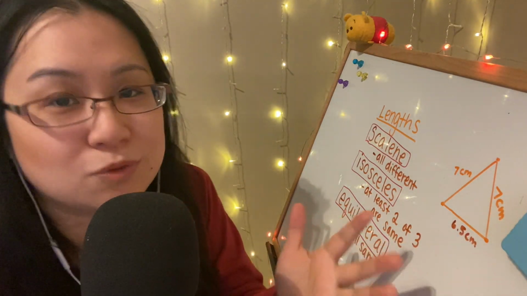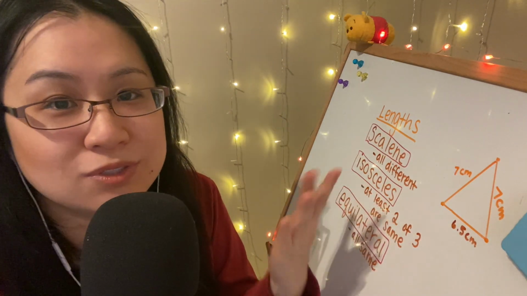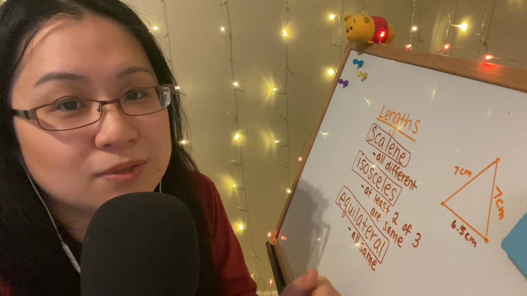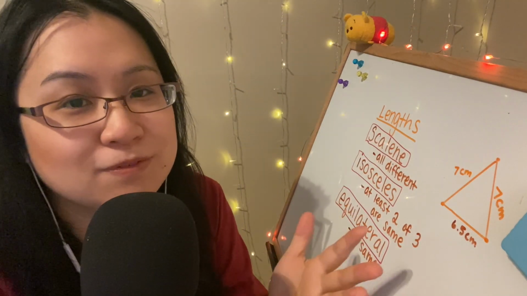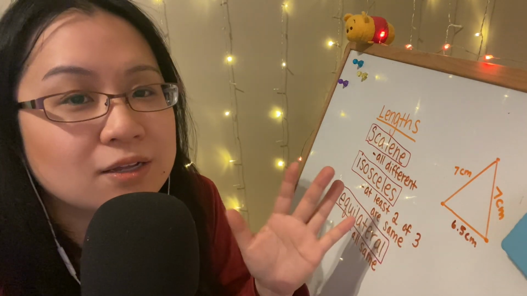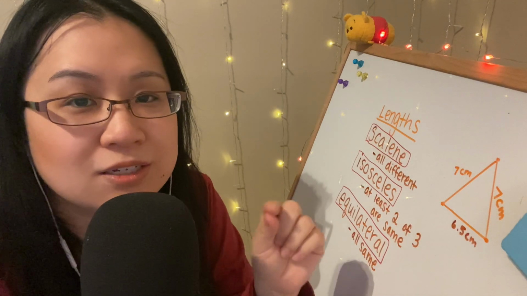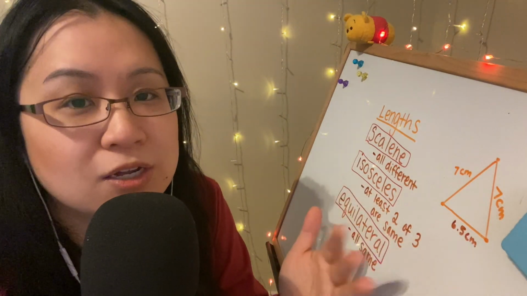And kind of an equivalent idea is rectangles and squares. A square is a certain type of rectangle where the four sides have the same length, but it's still classified as a rectangle.